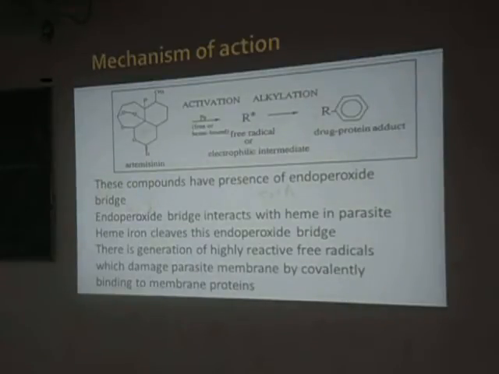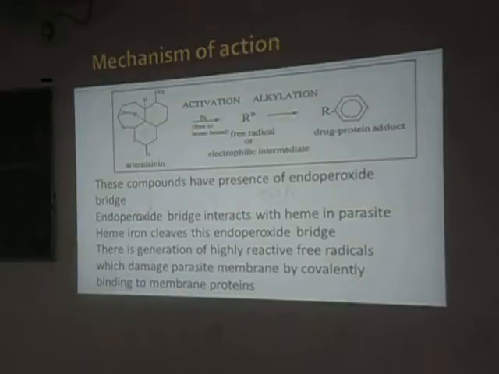Now we will try to understand the free radical type of injury, as we studied with primaquine. These compounds have an endoperoxide bridge. This endoperoxide bridge interacts with the heme part of the parasitic hemoglobin. The heme part of the parasite is disturbed, and once it comes in interaction, the endoperoxide bridge present in artemisinin is broken down.